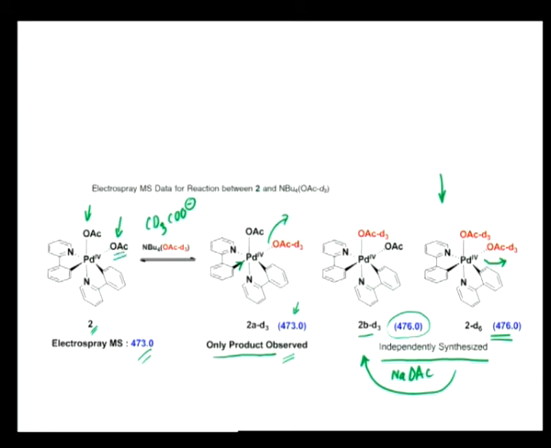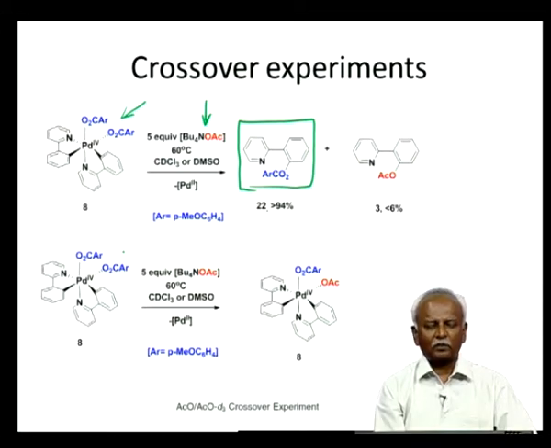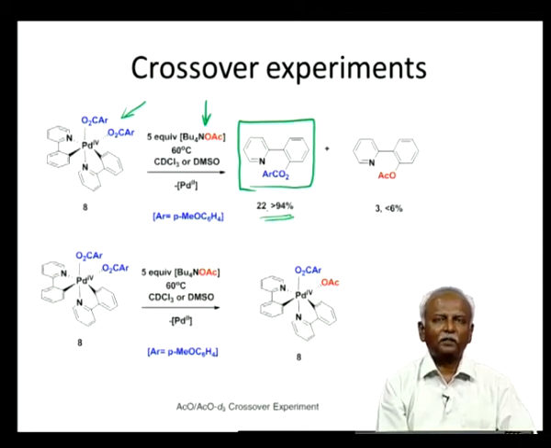This is the one which is undergoing exchange, and in the second step they showed that even if you exchange that acetate, it is the carboxylate which is left behind intact on the palladium 4 that undergoes reductive elimination. So, 94% of this product was formed in spite of removing the carboxylate which is trans to the carbon.